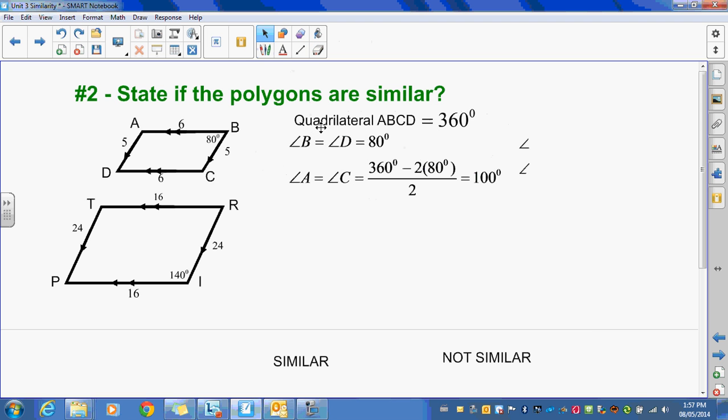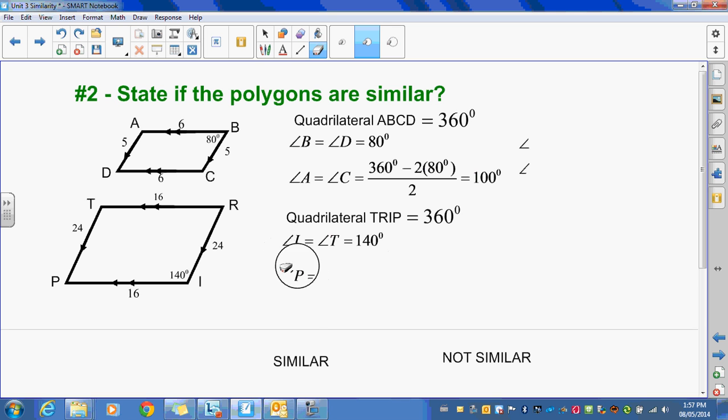Now, you should have done exactly the same thing for quadrilateral TRIP. And here it is. 360 degrees again. We know that angle I is congruent to angle T. We know that angle P is congruent to angle R, and we take 360 degrees and subtract angle I, and then subtract angle T, and then divide that by 2 because we're finding the measure of two angles.